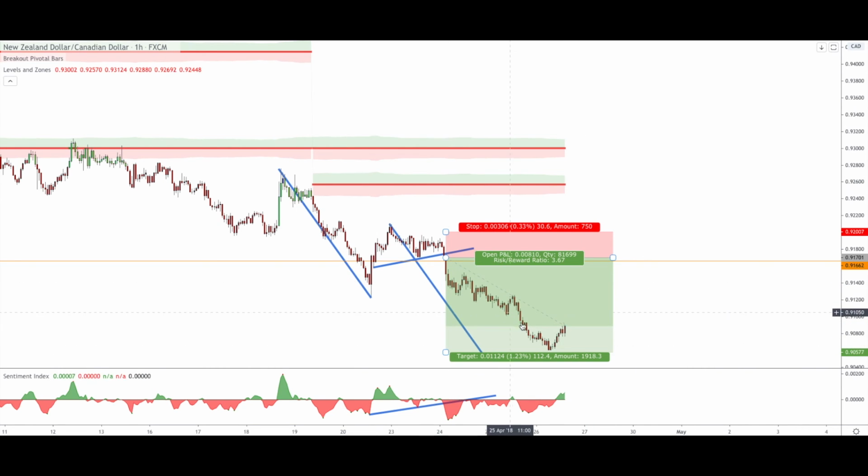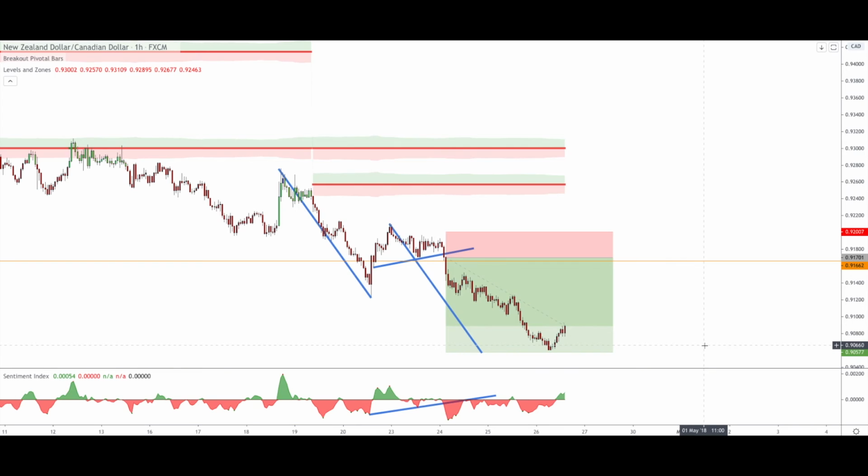The move down was kind of gentle, it was not very impulsive, so it might take some more time if this is the kind of price action that's going on, but we should still reach the target. I don't see any evidence that contradicts this analysis.